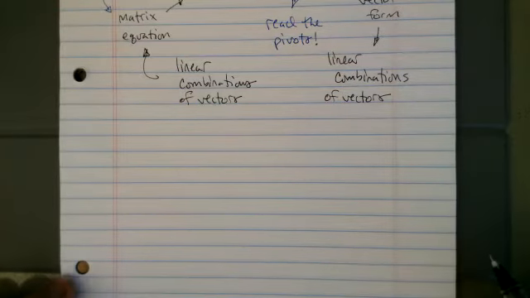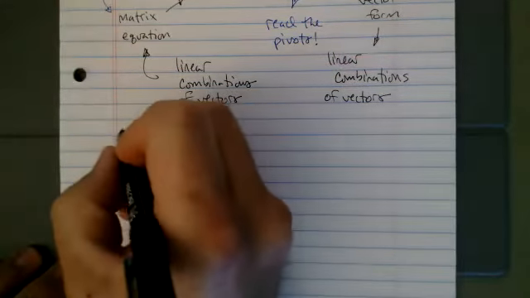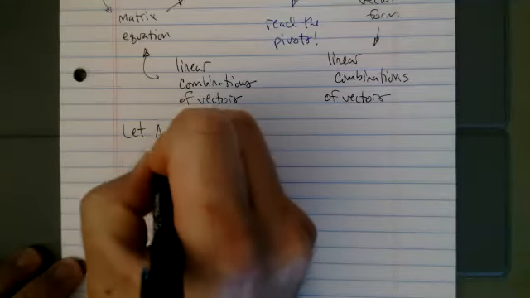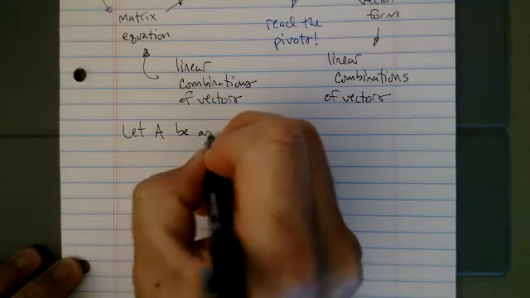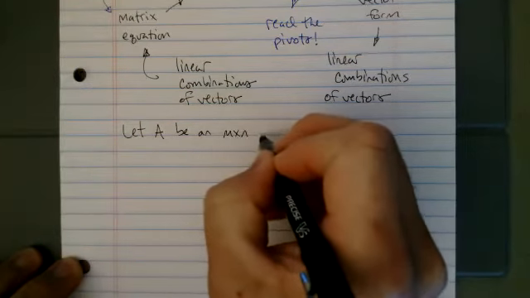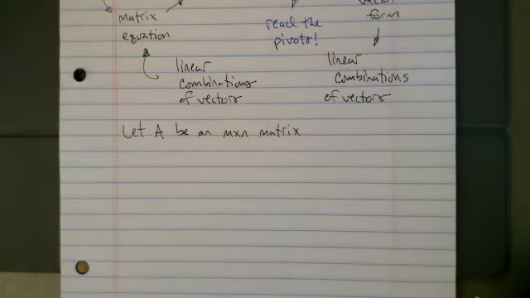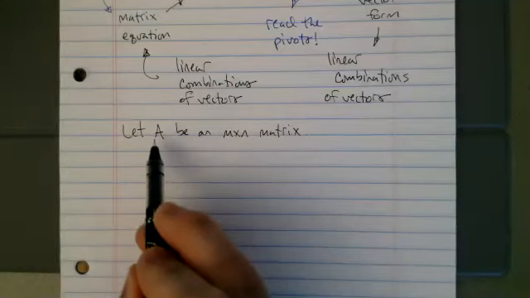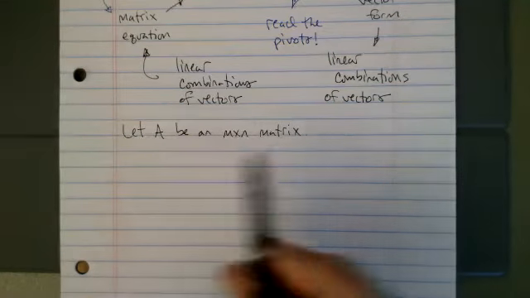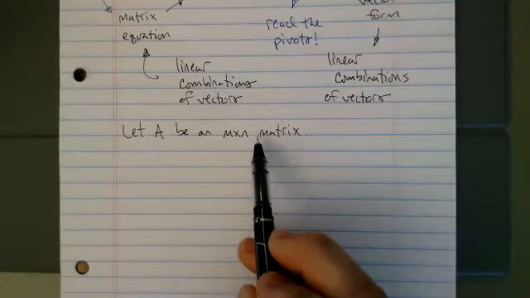Let's let A be an m by n matrix. So let's just start talking about a matrix. This is not an augmented matrix. If I wanted this to be an augmented matrix, I probably would not have given it a name, and I would have stated that it's an augmented matrix.